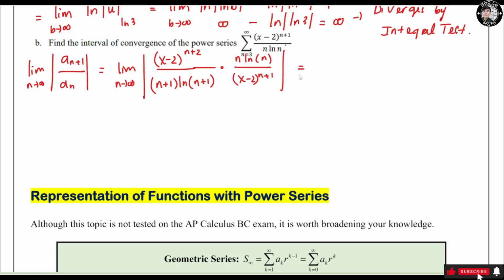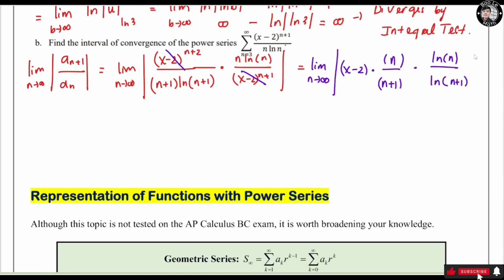Now we're going to simplify this. We have the limit as n approaches infinity of the absolute value of this, simplified. You have s minus 2 on the top left, times n over n plus 1, times ln of n over ln of n plus 1.